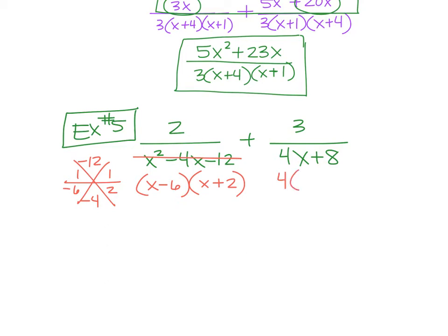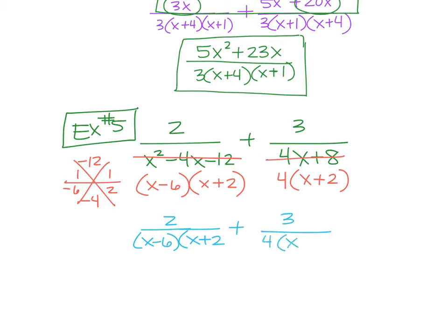Factor out the 4. So you're left with x plus 2. Okay, so that gets rid of this, puts in the x plus 2 there. So I'm just going to rewrite it for organization's sake. You would now have 2 over x minus 6 times x plus 2 plus 3 over 4 times x plus 2.